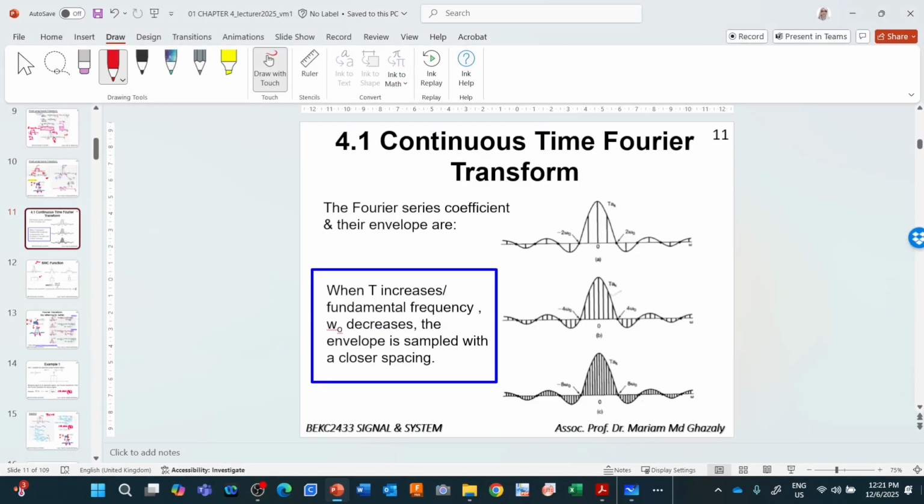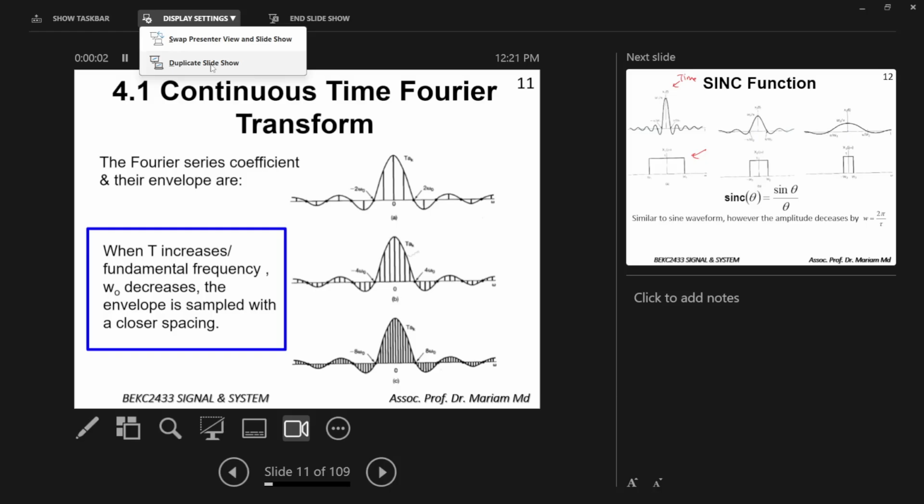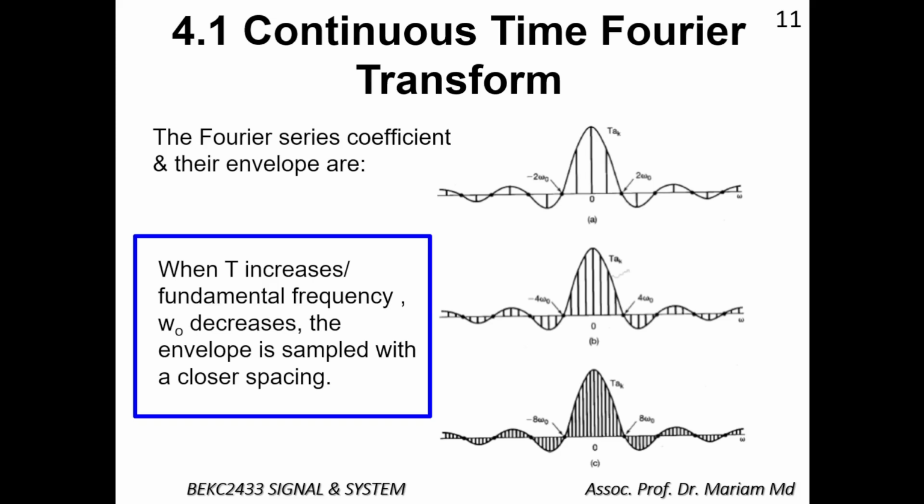Based on this, if you look at the next slide, it's actually explaining the Fourier series coefficients that you learned yesterday. When you draw it, you did the coefficient, magnitude, positive, negative, and so on. When you do the line like this, we call it the envelope.